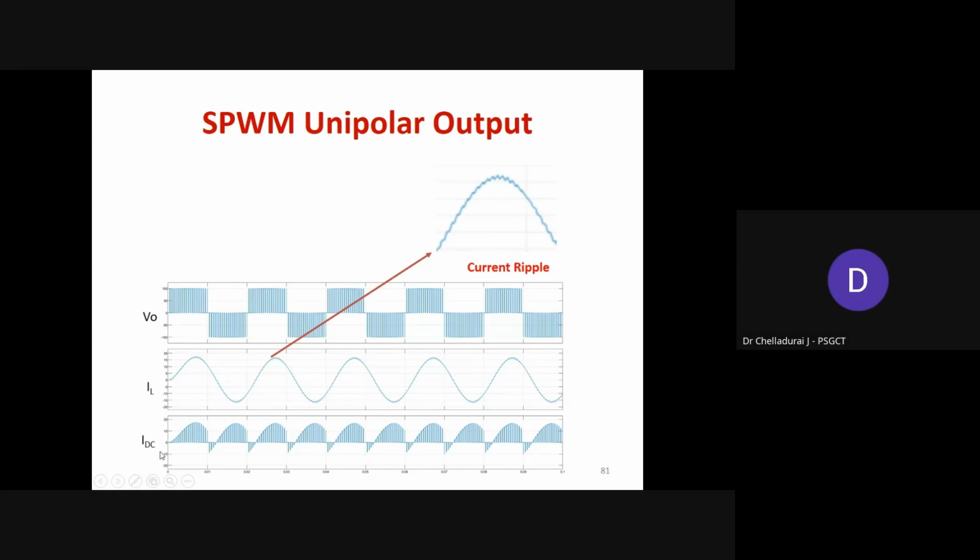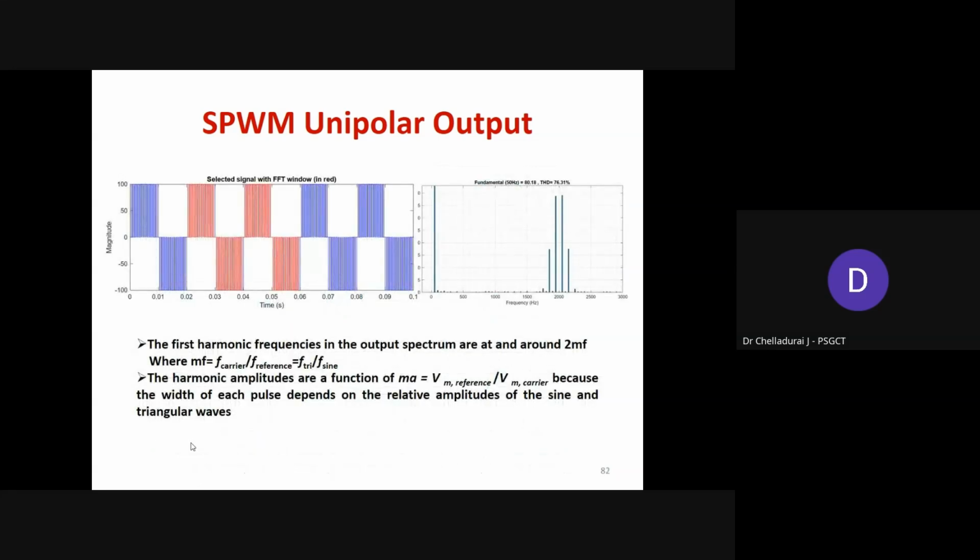But one very important drawback of unipolar is that the DC side current ripple is more. If the DC side current ripple is more, the DC side capacitor size may change slightly. Next, another very important observation is the THD value present in the output voltage waveshape.